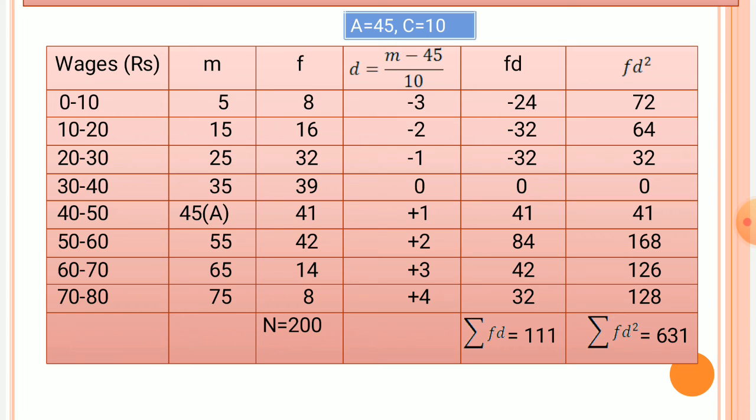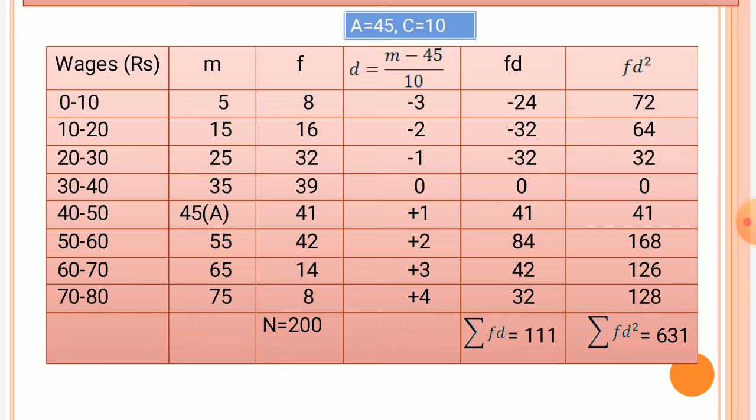And then 45 minus 35 by 10, plus 1, plus 2, plus 3, plus 4. Therefore here the assumed value is 35. D equals m minus 35 by 10, where the assumed value is 35.